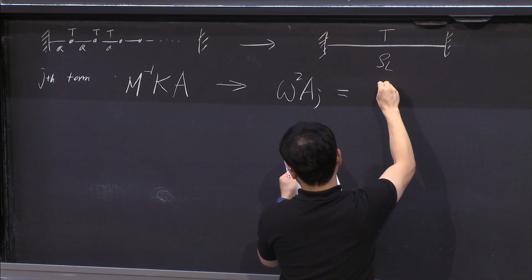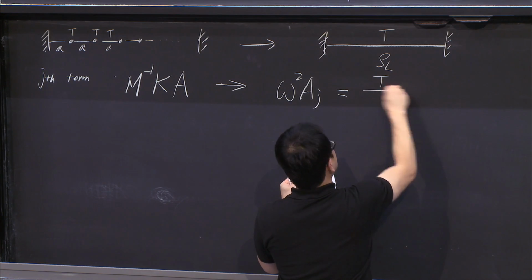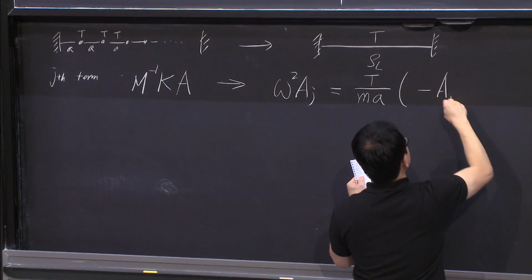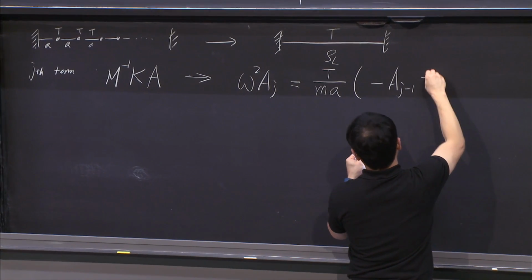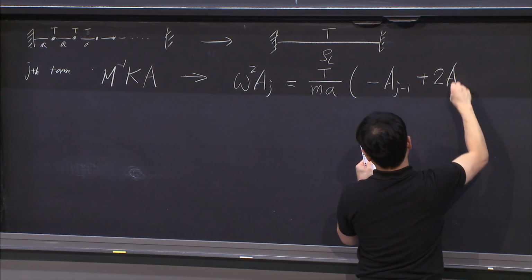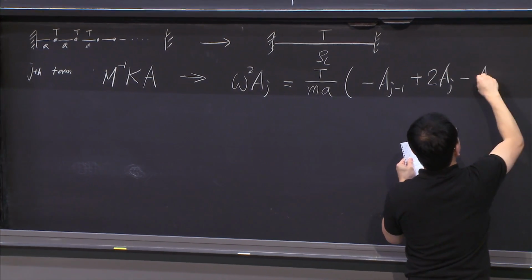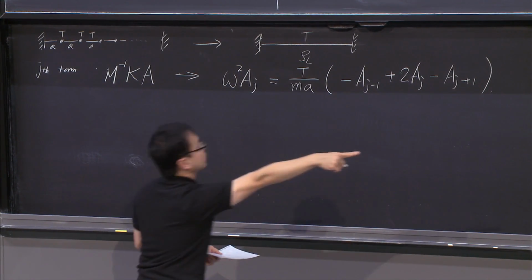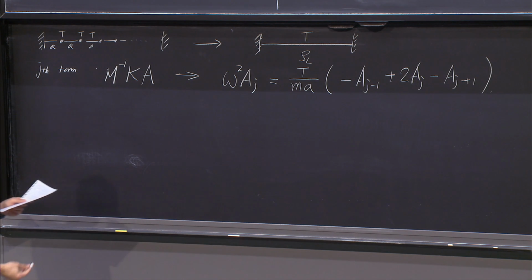This is equal to T over m a times minus a_(j-1) plus 2 a_j minus a_(j+1). So this is just a copy of that formula here.